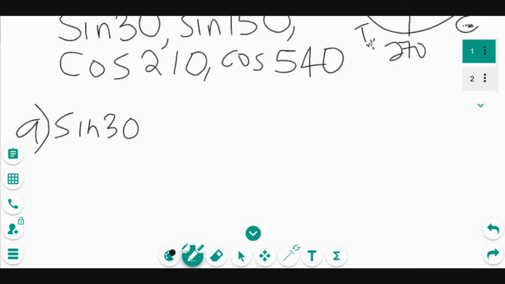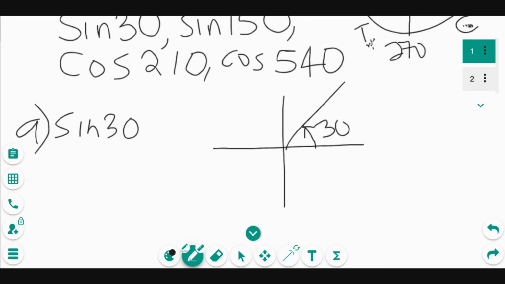I'm going to represent the sine of 30 on that quadrat. So I'm going to draw it like this. And I measure 30 degrees. Assuming my 30 degrees are here, this is 30. Whenever I'm measuring anti-clockwise, that angle is positive.